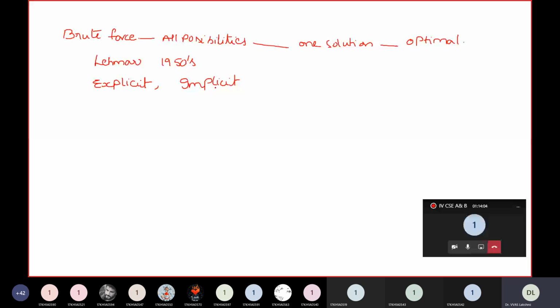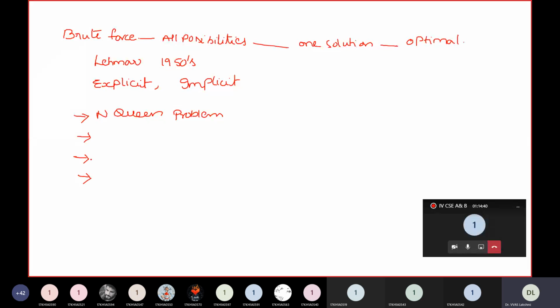Each and every application which uses the backtracking technique will follow both implicit and explicit constraints. Based on those constraints, all the problems are solved. Many applications are there, but according to our syllabus, we are going to learn 4 applications of backtracking.